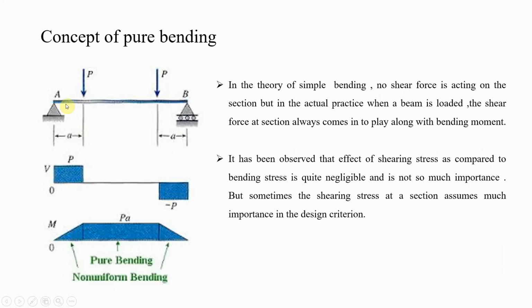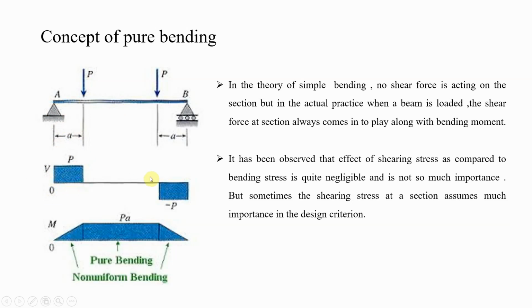So here in this diagram, this is just one simply supported beam subjected to these two point loads, and when you try to draw its shear force diagram, the shear force between these two points is constant, and at this point it is plus P and at the other, the downward force is minus P, and the shear force is 0 between them.